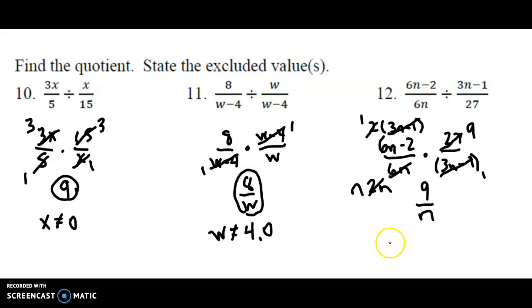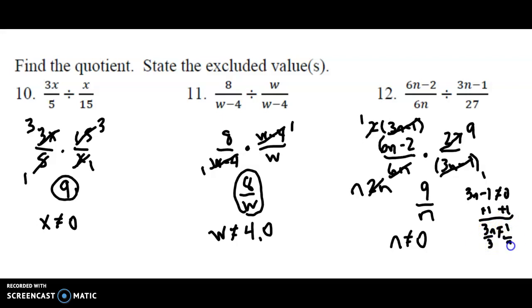Excluded values, n cannot equal... Monomial, 0. Here we would solve this. 3n minus 1 cannot equal 0. So 3n cannot equal positive 1.